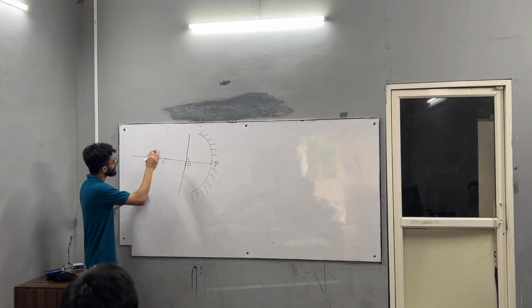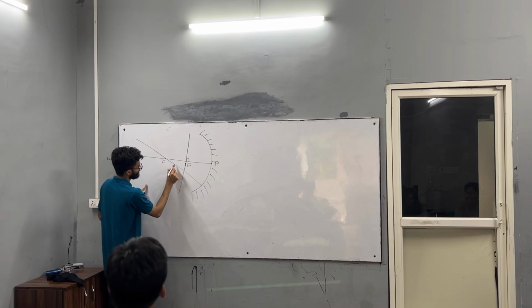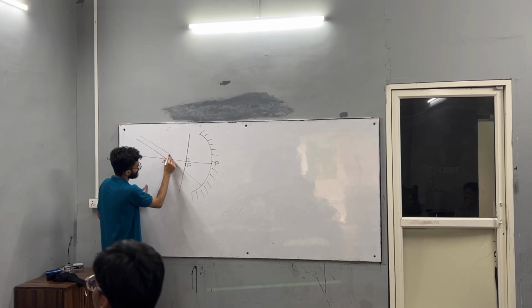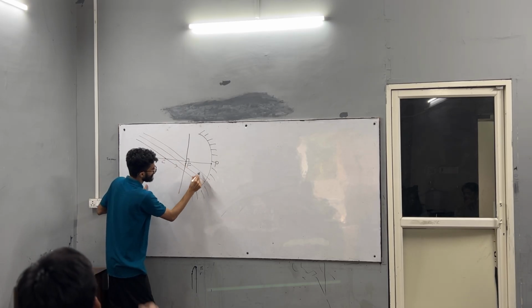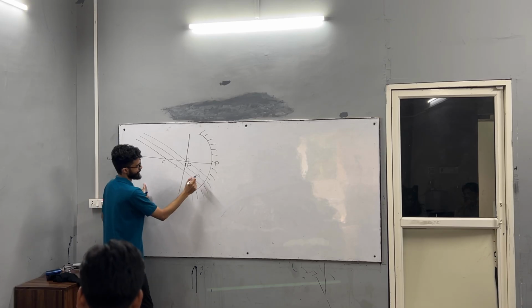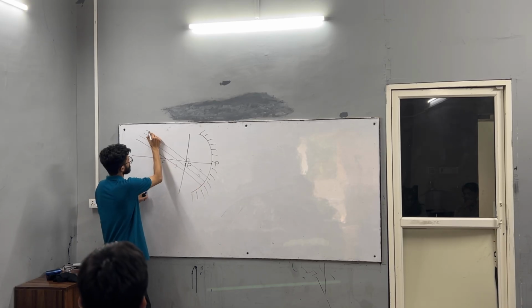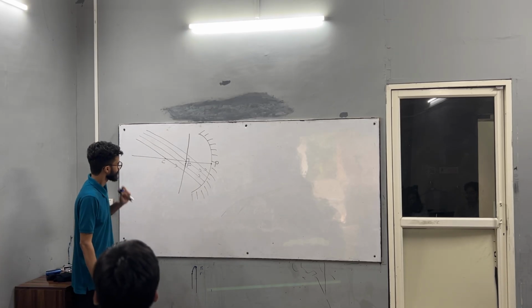and the parallel beam of light is inclined, meaning it is at some angle. Let me draw some light rays. Will that do? So now is everyone understanding?